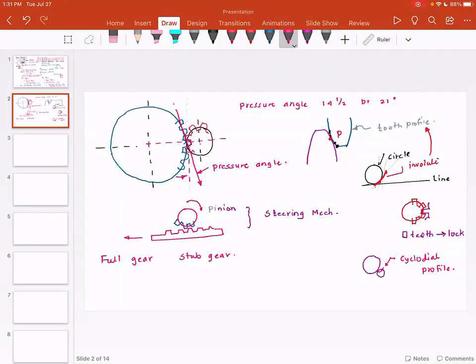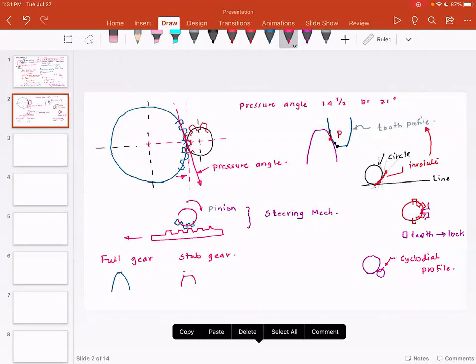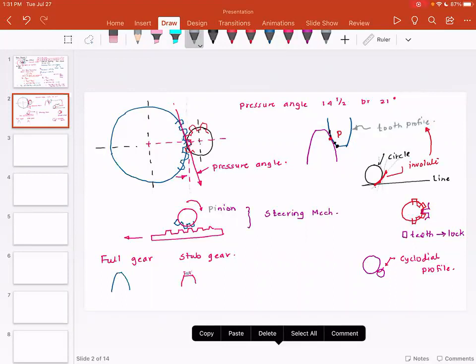So think about it like this. If you have a full gear, it would look something like this. In the case of stub gear, what you would do is you will take a grinding wheel, circular grinding wheel, and shave off the top part. So basically the exact same, but a little bit of top part is shaved off. So this is called as the stub gear.